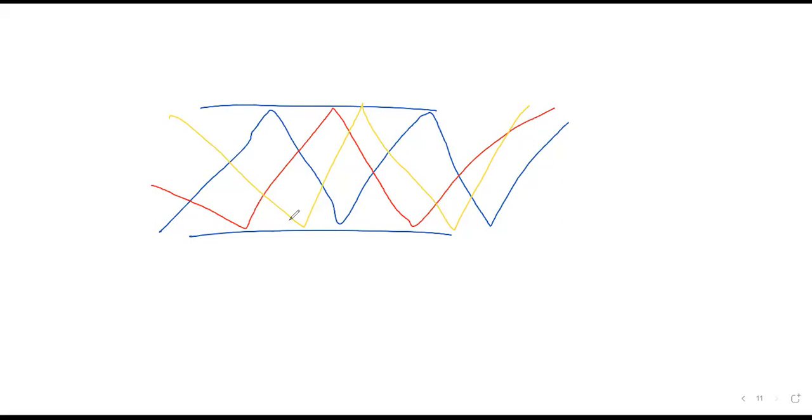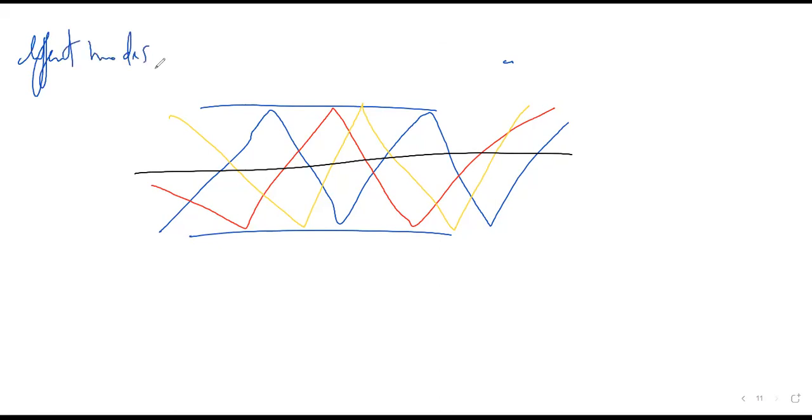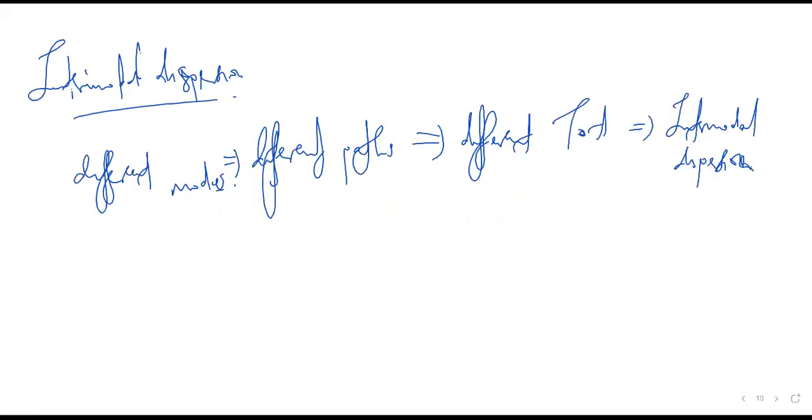So basically what happens, we have another mode. Let's put it in black, straight like this. You have that one, blue. So basically we have different modes. Second thing, we have different paths.